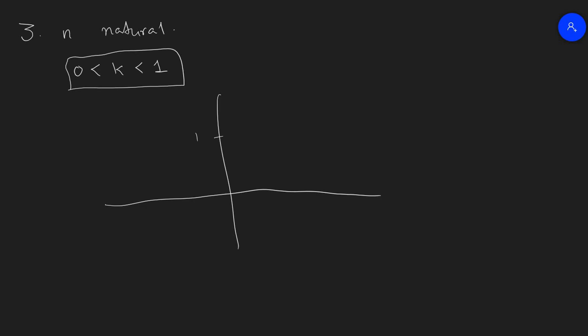Say k will be somewhere around here, but the function looks like just the exponential function itself. Given n is a natural number, let me take n to be 1. We are going to get a counterexample. So the function looks like x.